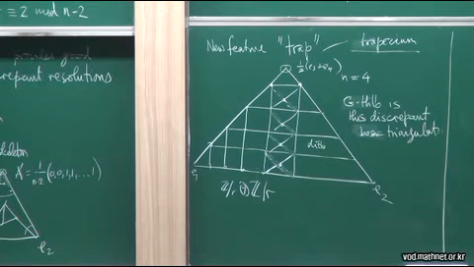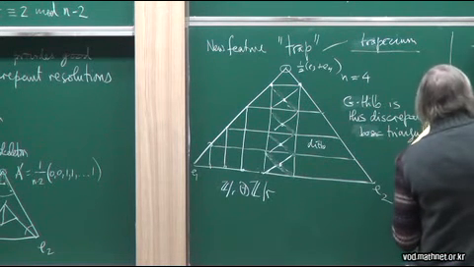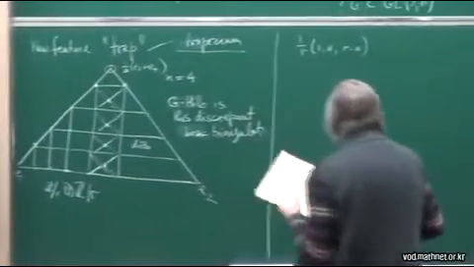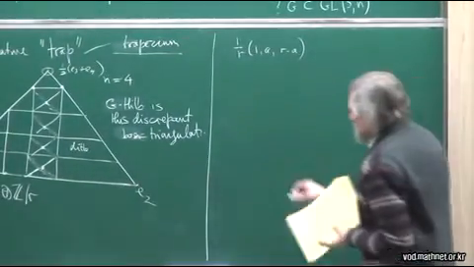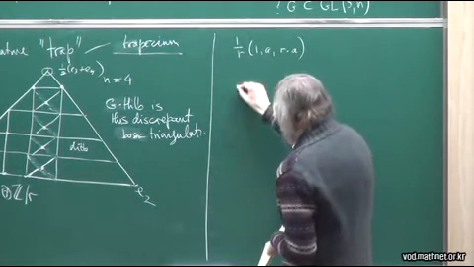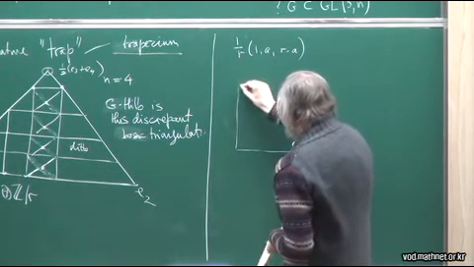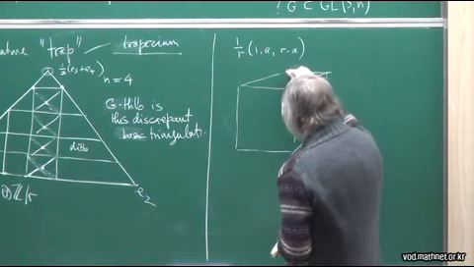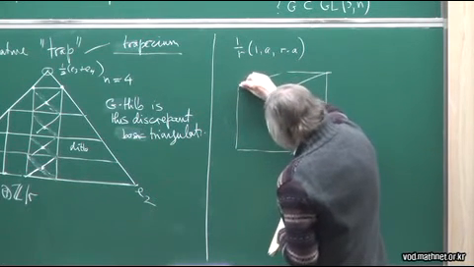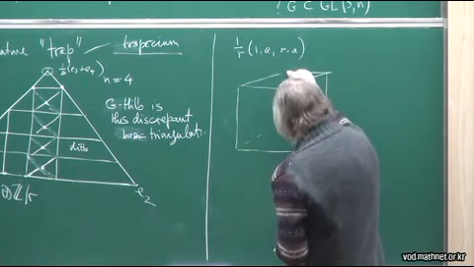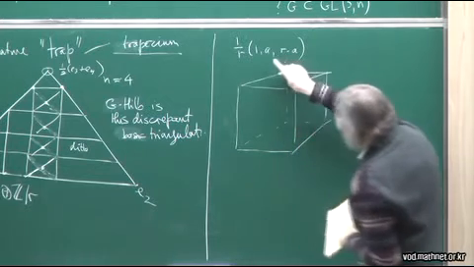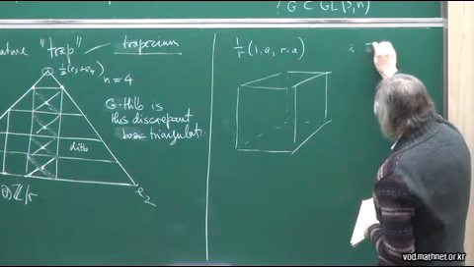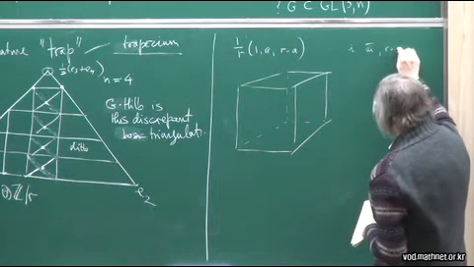Okay, so let me look at this 1 over r (1, a, r minus a). If I draw this same unit cube, every lattice point here is congruent to (i, a i, r minus a i).